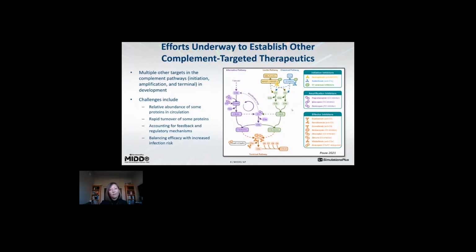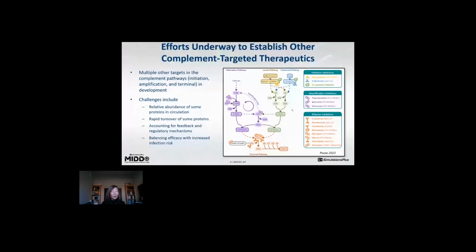Given the intense interest, why is this something that is also challenging to develop? Complement has multiple proteins that are involved. Some of these proteins are present in relatively great abundance, so there's the question about how much do I need to knock it down.